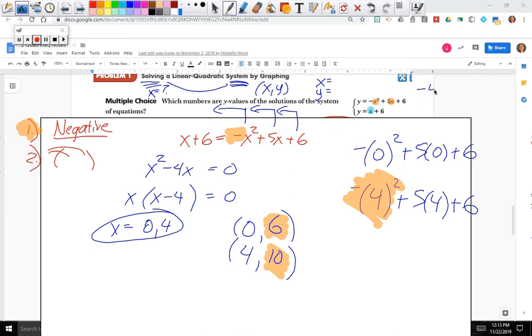What does this equal? Positive 16. Finally, what does this equal? Negative 16. Because PEMDAS says the exponent is done first, which would give us a 16, and then multiply by that negative to give me a negative 16.